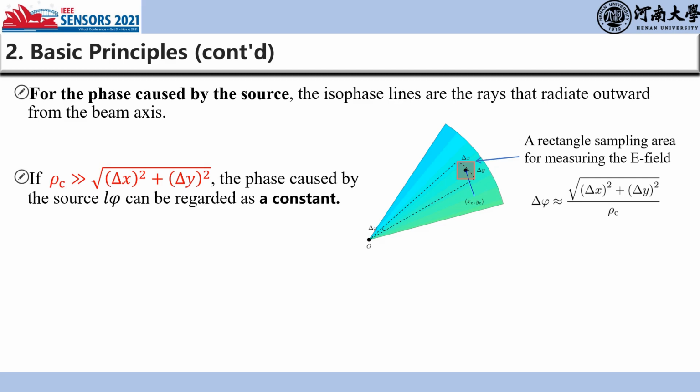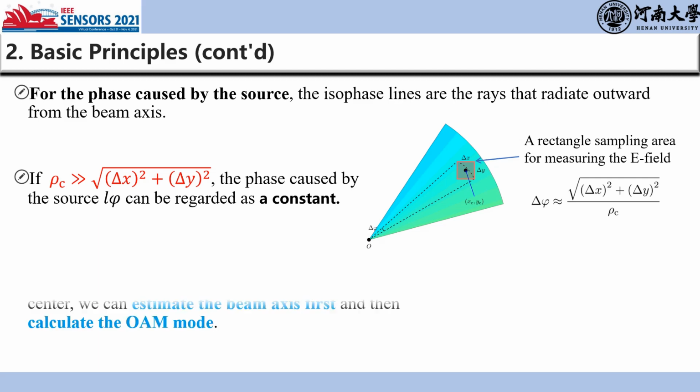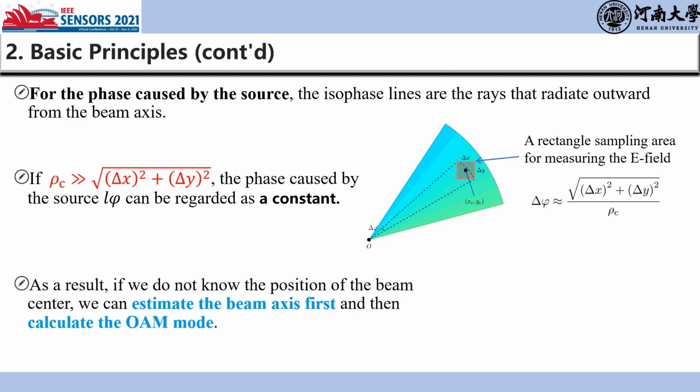If, like this formula, the azimuth angle covered by the sampling area is very small, the phase caused by the source, l phi, can be regarded as a constant. As a result, if we don't know the position of the beam center, we can estimate the beam axis first, based on the phase caused by free space, and then calculate the OAM mode by the phase gradient method.